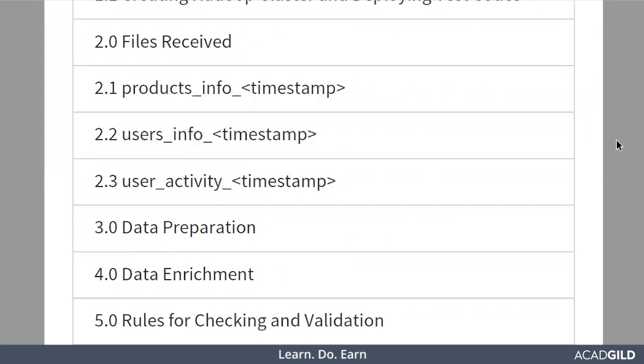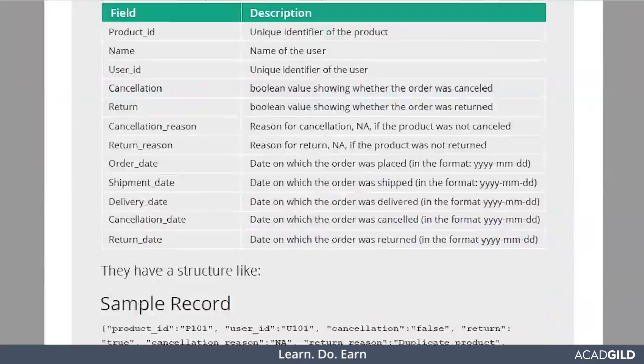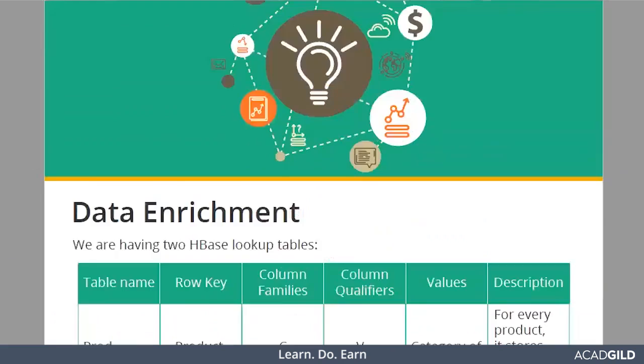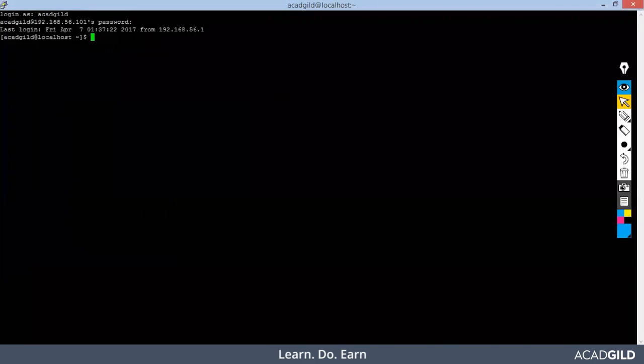In the document, it is already mentioned which fields are missing, so which table has to be checked. Under data enrichment, 2 tables are there, category and user location. I have already created those in HBase.